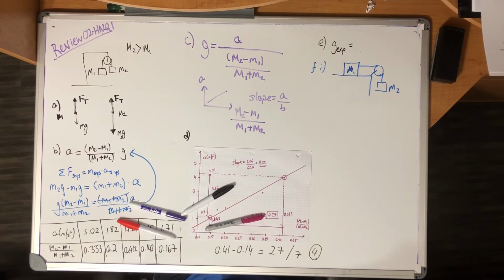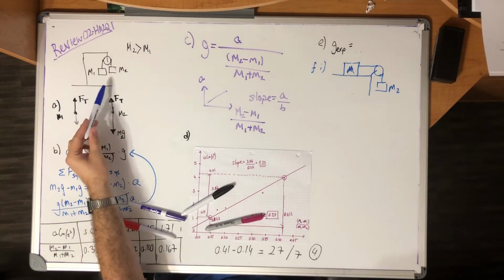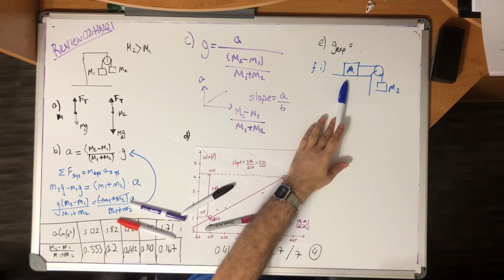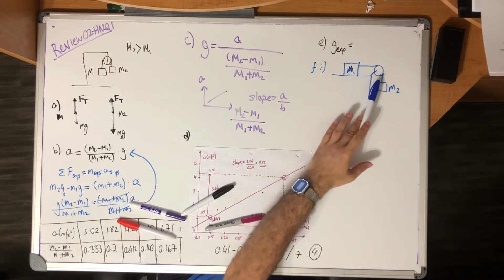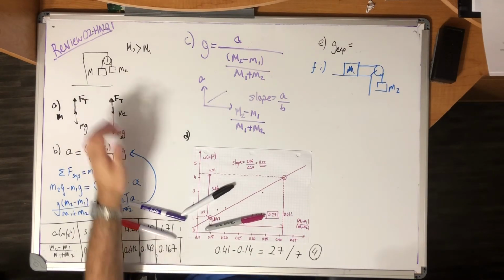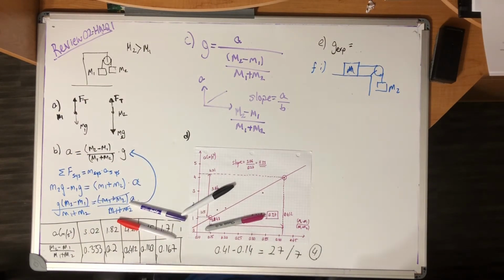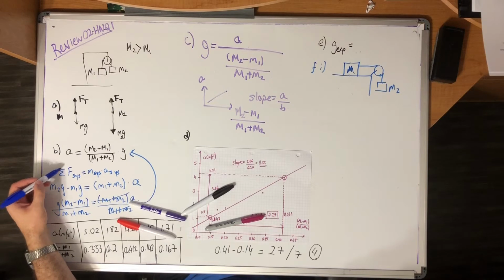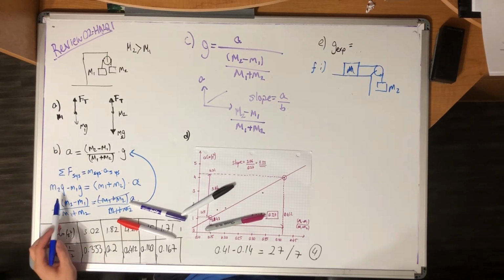In part Fi, this time they are basically changing the system. Instead of having a network machine, they're putting the mass M1 on the table. And the question is, what will be the tension on the string compared to the first one? To figure that out, we need to remember what happened in the first case. In the first system, the total force in the system was basically the difference in between the weights.